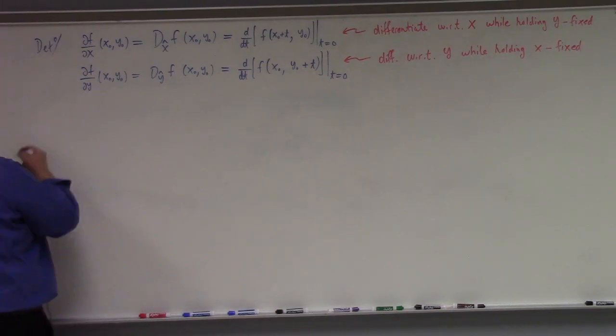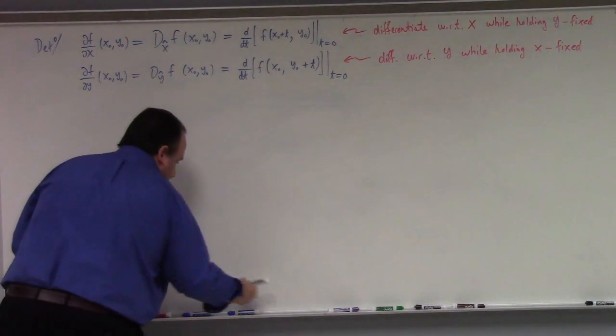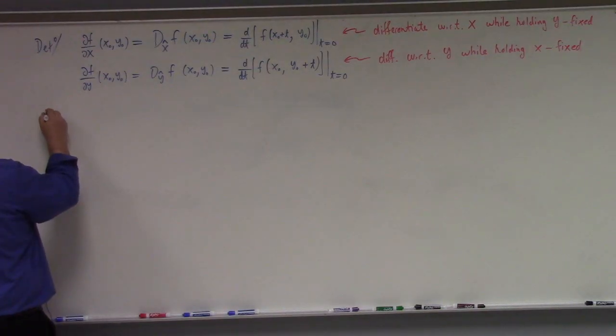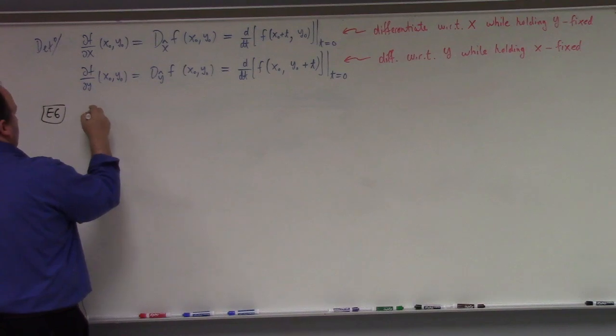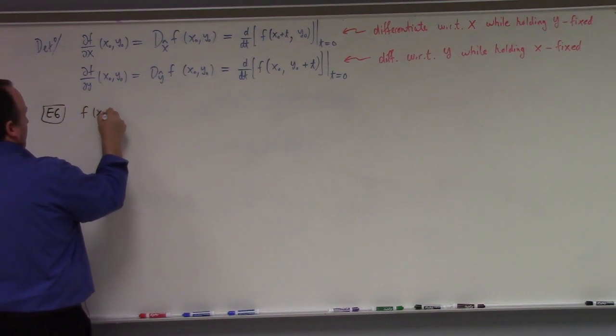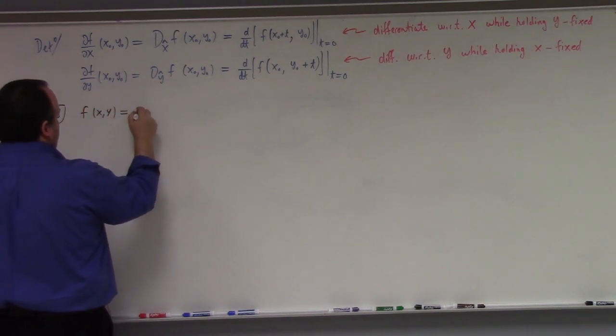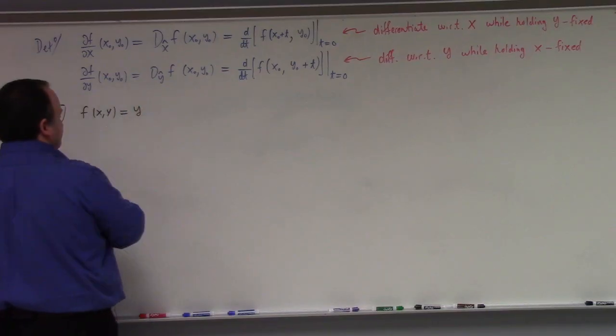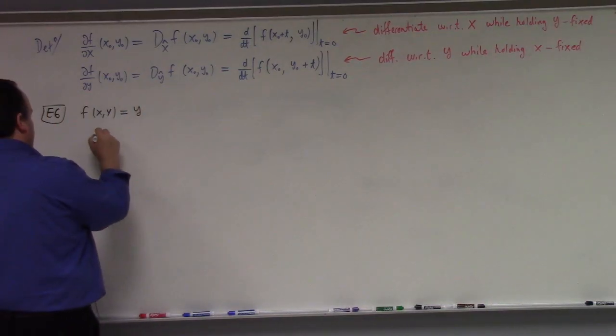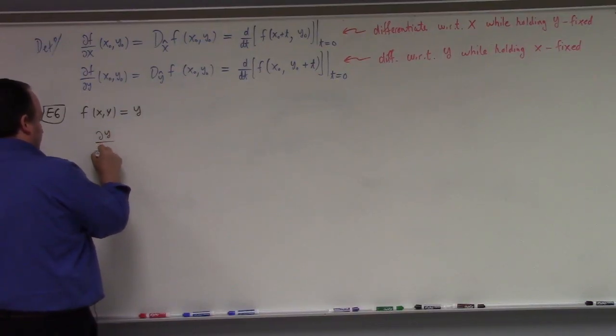So like, example 6, I suppose. Let f of x comma y just equal y. All right? And I want to calculate partial x, my bad, partial y, partial x.